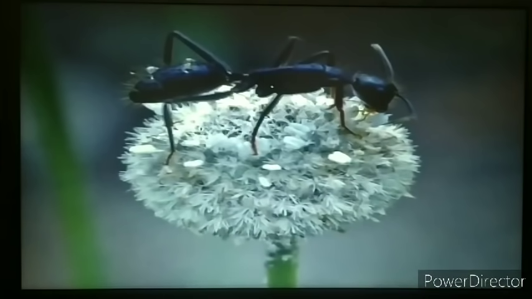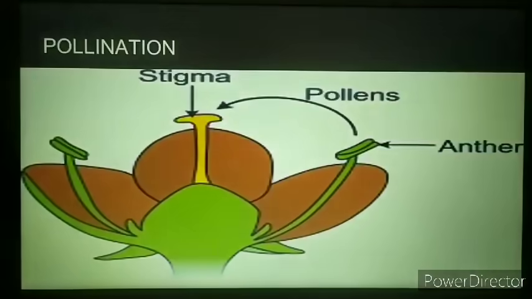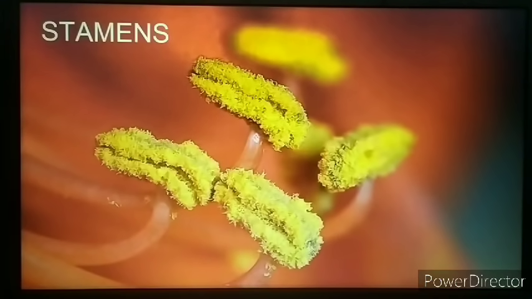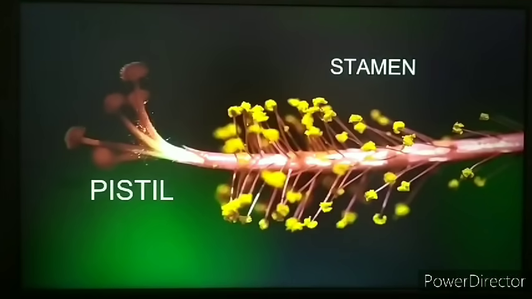Now let's discuss what we have discussed till now. What is this fine powdery substance present on the stamens called? That's right, it's called pollen grain. Then what is it called that helps in the production of pollen grains?